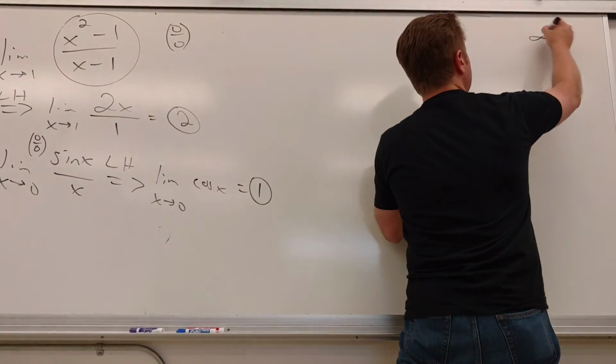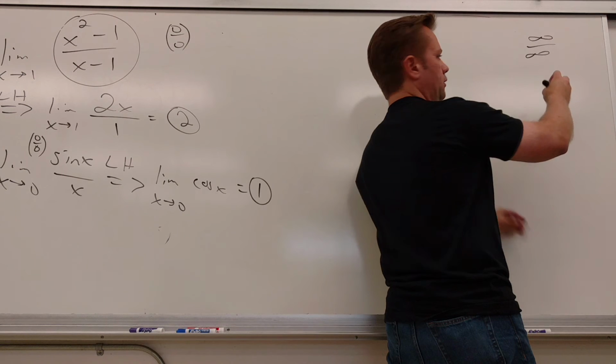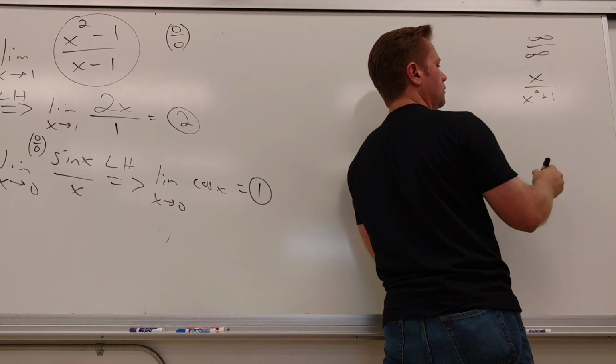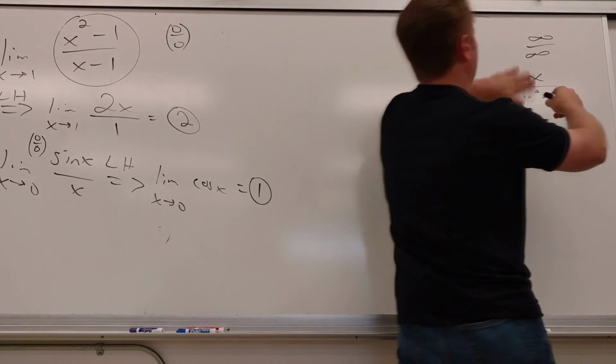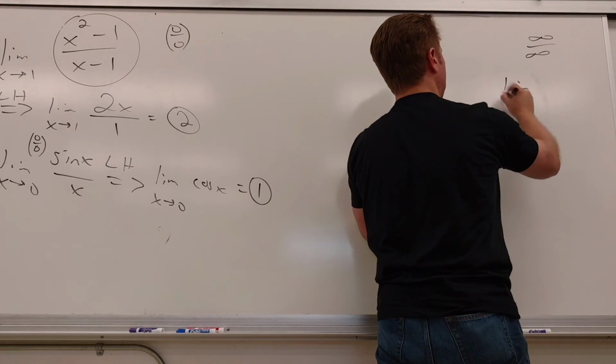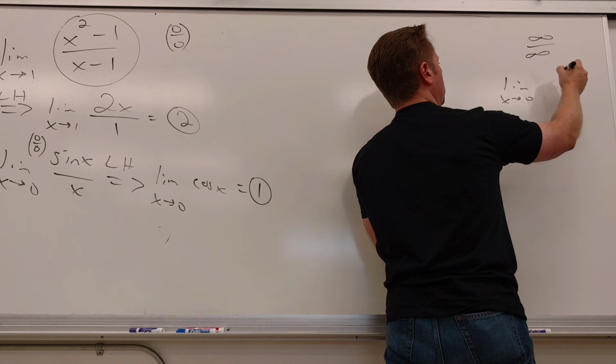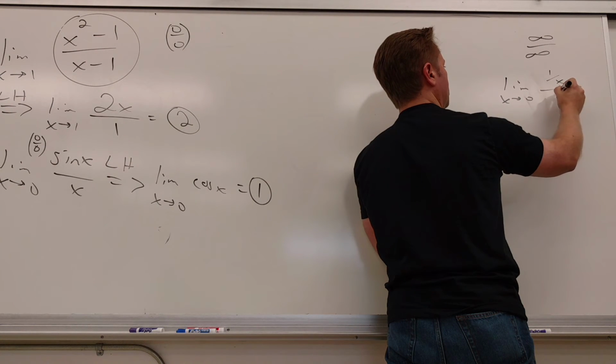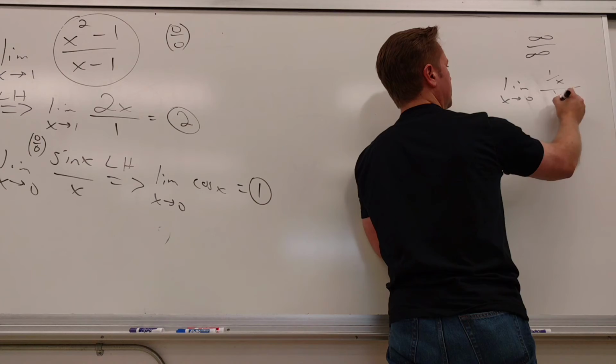Real quick, if it was infinity over infinity, like x over x squared plus 1, right? Let's say the limit as x goes to 0 of 1 over x over 1 over sine x.